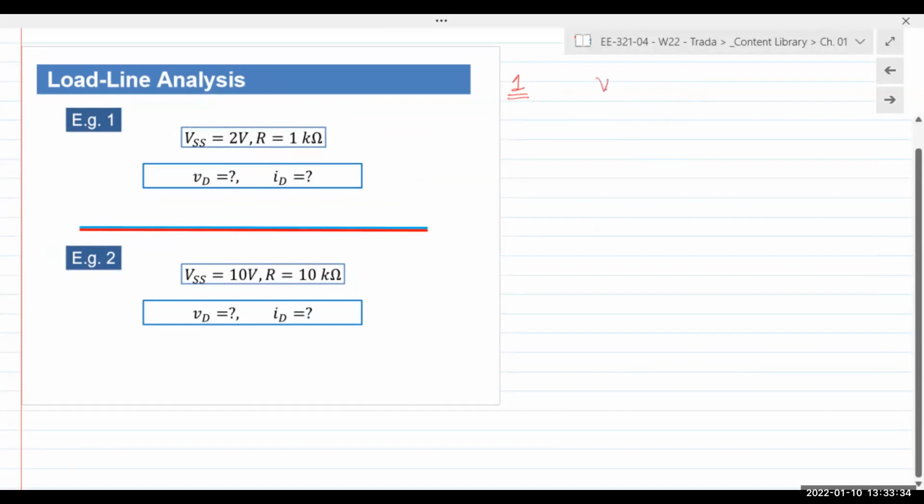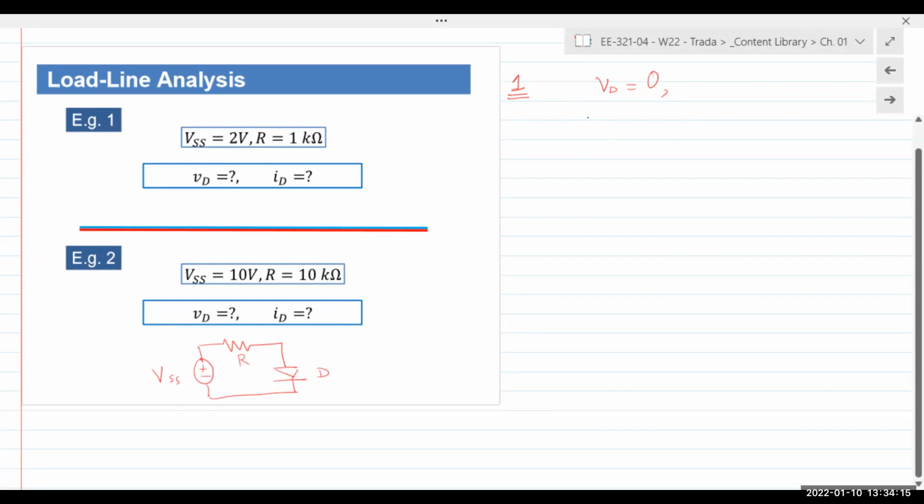First up, let's plug in VD equal to 0. The circuit here is the same as the previous one. If it's a different circuit, then it's a different equation, but both of these examples are based on the same circuit that we saw previously, which is VSS, resistor R, and then the diode D. So we plug in VD equal to 0.